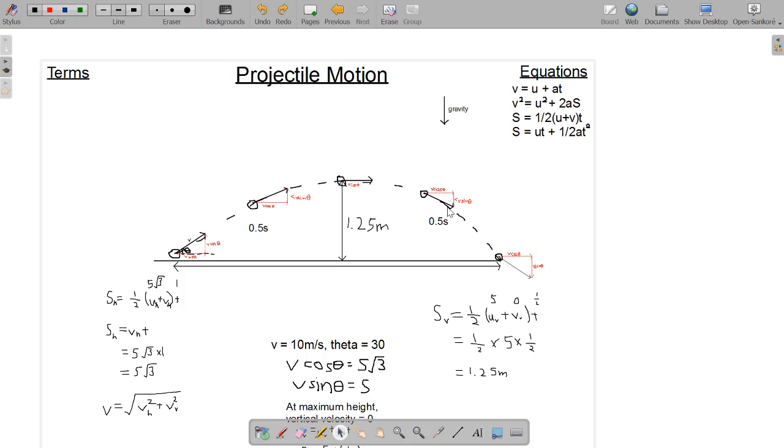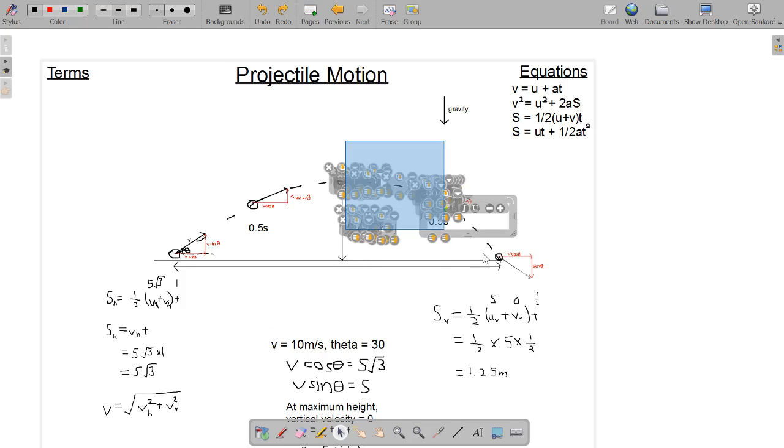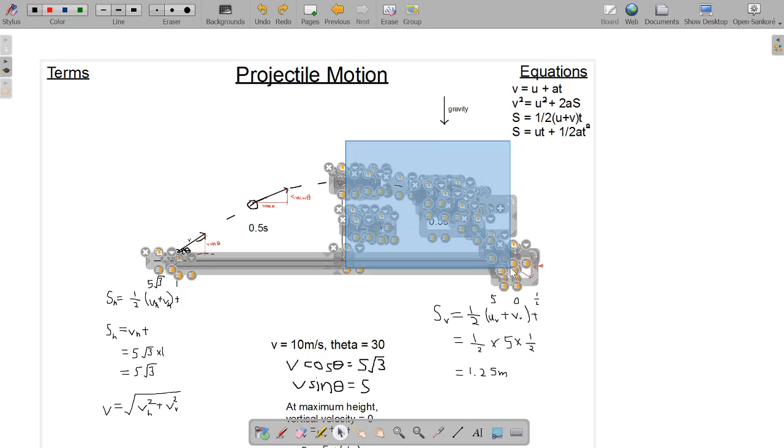Sometimes the question can be such like, oh, a car drives off the cliff. What is the landing velocity or something like that? Then basically all you need to consider is this portion. You don't need to care about the starting part.